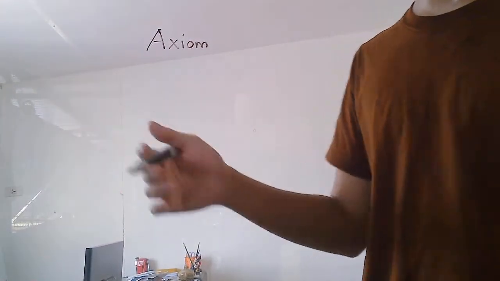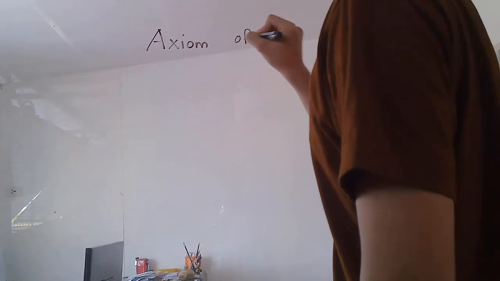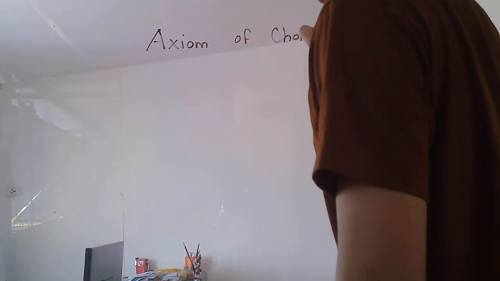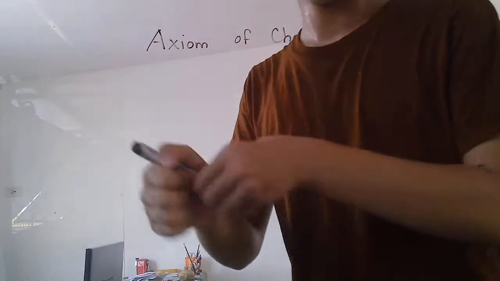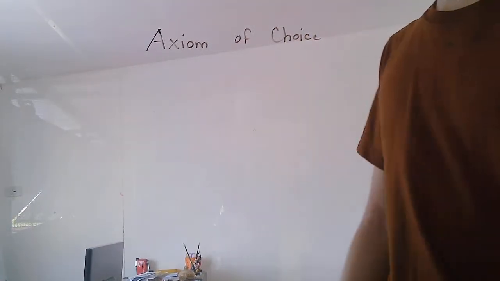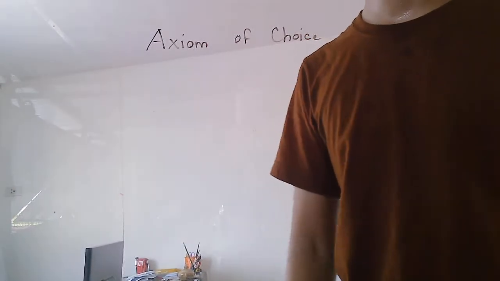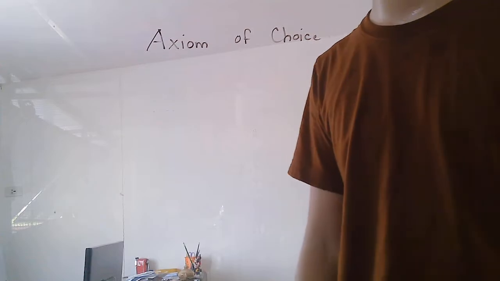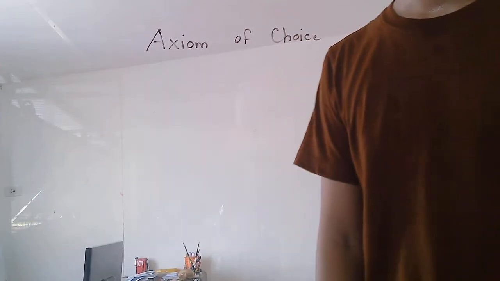Okay, so one of the main axioms or fundamental assumptions of ZFC was the axiom of choice. Now I talked about this in my set theory course. The axiom of choice states that given a bunch of choices, there's at least one possible choice for each option.